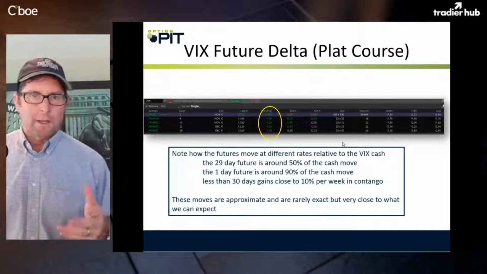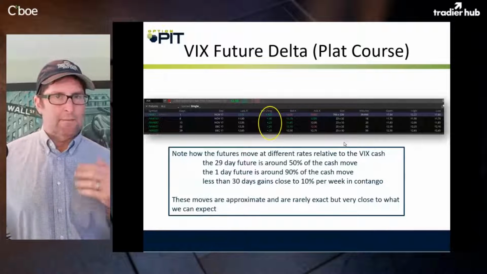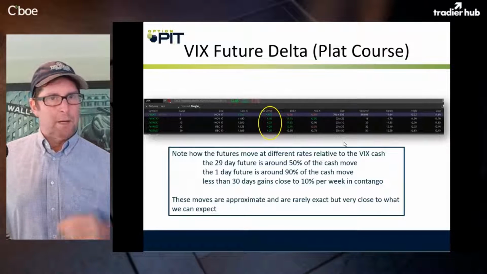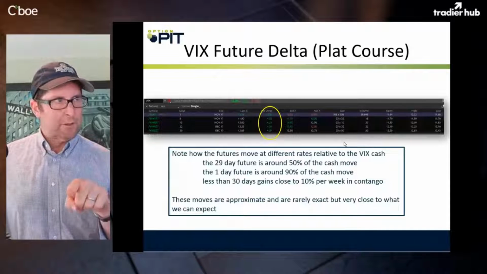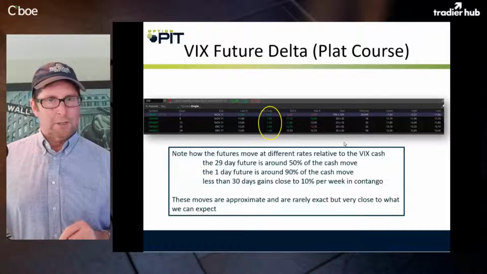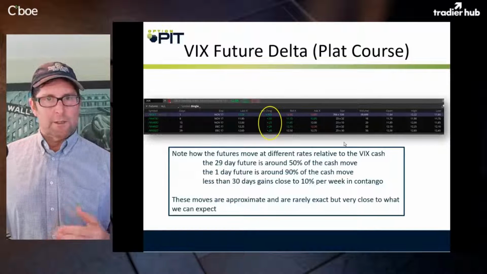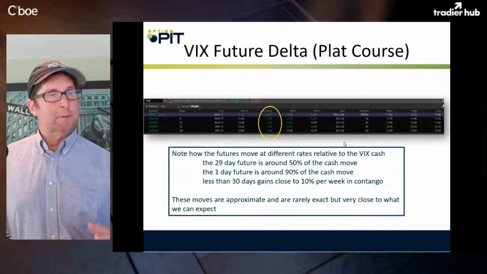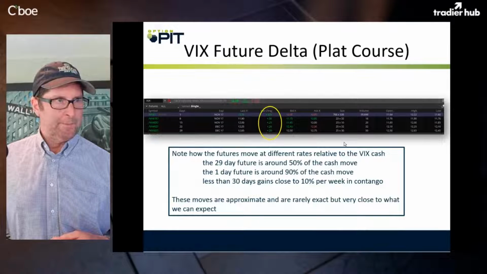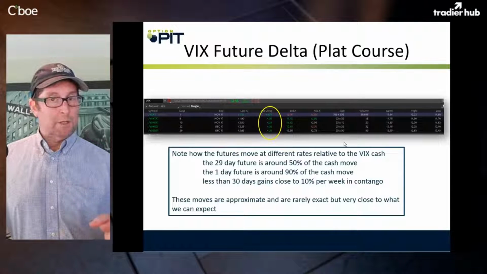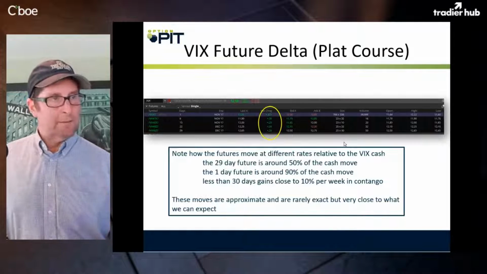But what I want you to notice here on this screen is that VIX cash is moving, right, up, but all of the futures that I have circled there are moving at different speeds, basically. So what you can see here is you have a move in VIX cash. The 29-day future covers about 50% of the move, right? The one-day future is covering around 90% of the cash move.